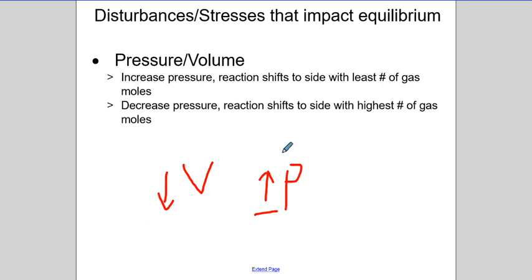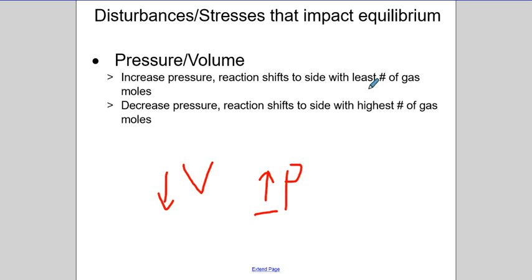Because both of these are gas law related things, this stress applies specifically to gases. So the reaction is going to shift to whatever side of the reaction has the least amount of gas. If the pressure goes up, it's going to shift to either the reactant or the product side. It just depends on which side has the lower number of moles of gas.